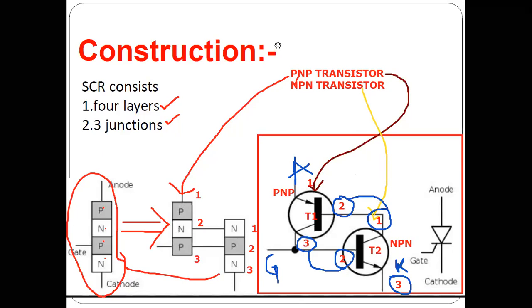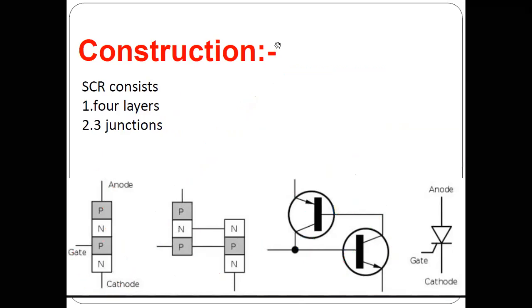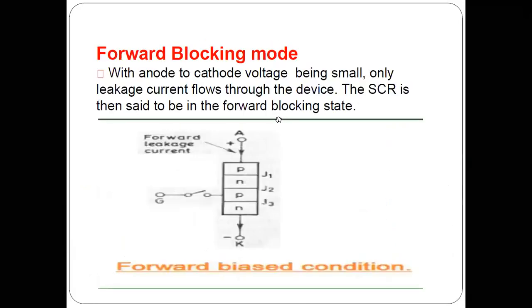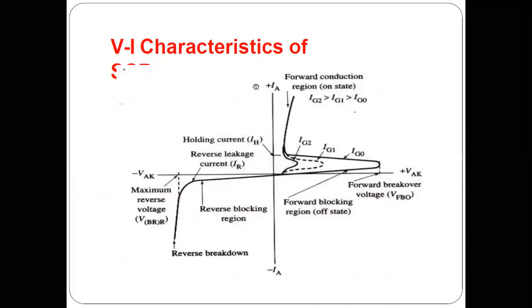Now let us go to the next topic, the VI characteristics of the SCR. It is similar to your normal PN junction diode, but let us first find the various modes in which the SCR will operate.